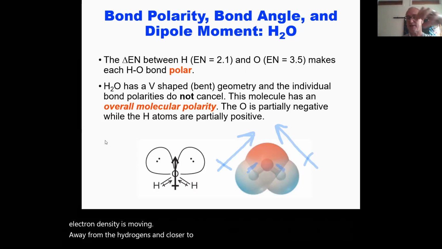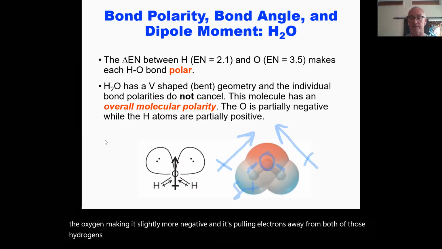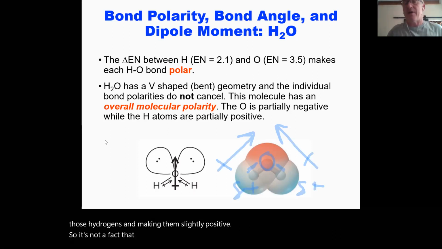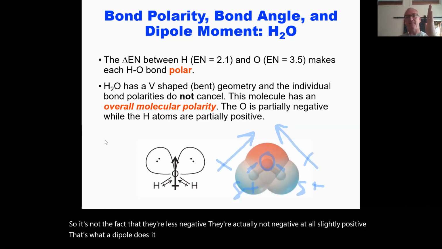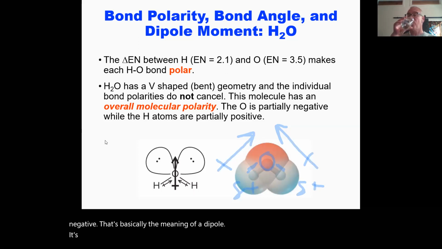So I have increased electron density around the oxygen, making it slightly more negative, and it's pulling electrons away from both of those hydrogens and making them slightly positive. So it's not that they're less negative, they're actually not negative at all. They're slightly positive. That's what a dipole does: it makes one atom slightly positive and the other slightly negative. That's basically the meaning of a dipole. But yeah, it's a good point.